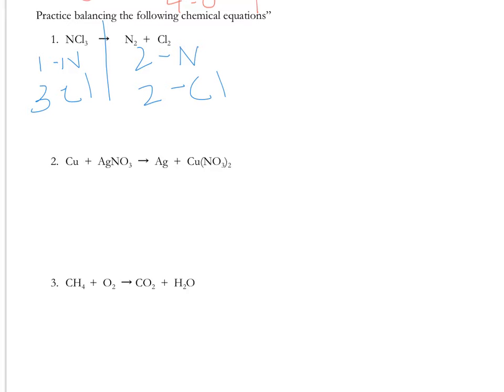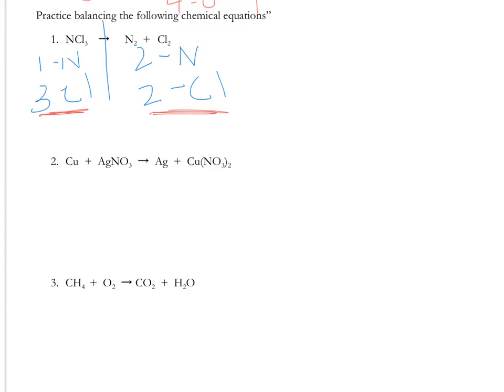From here, we're going to start adding coefficients. It does not matter where we start adding them, but we can never decrease the number of atoms; we can only increase it. What immediately stands out to me is that we have 3 chlorines on the left side and 2 chlorines on the right side.